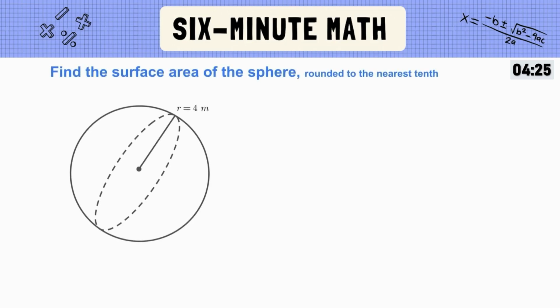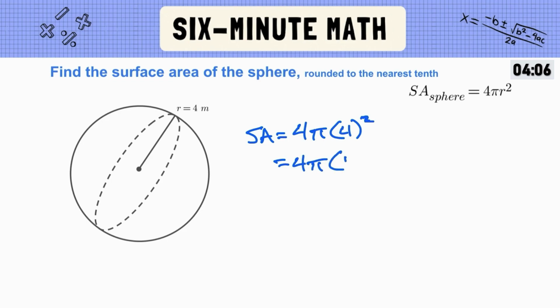We're going to find the surface area of the sphere with a radius of 4, and I have my formula. So I'm going to take that radius and plug it in. Our surface area is 4 pi times 4 squared. 4 squared is 16. So this is 4 times pi times 16, which is also the same as pi times 64.